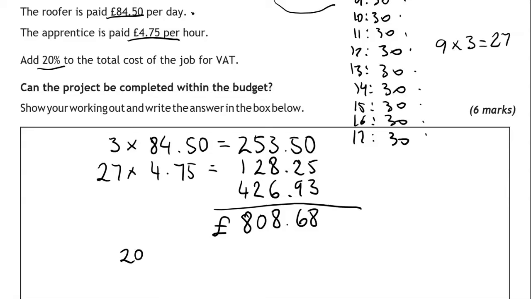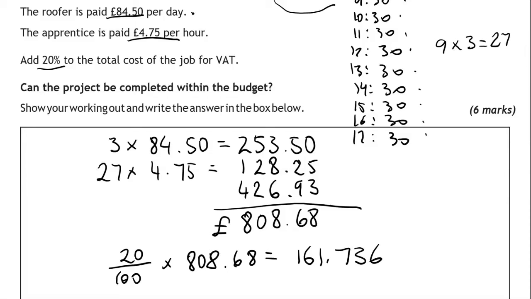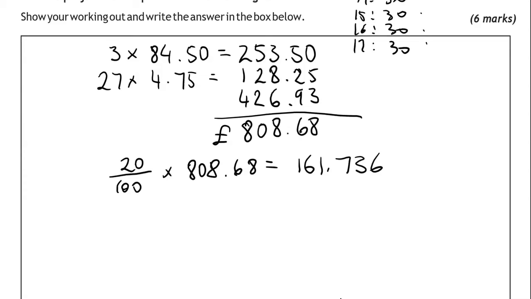So 20% is 20 out of 100 times 808.68, which gives us 161.736. So adding them together, we need only 2 digits, so getting rid of the 6, which makes this a 4, so 74 pence.